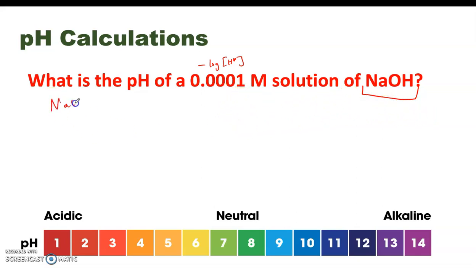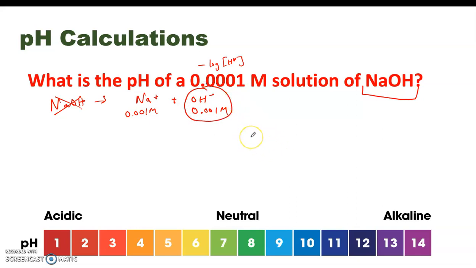So now NaOH, when it breaks up into Na plus and OH minus ions. Now remember, this is a strong base, so that means none of it is left. That means all of it turns into Na pluses and OH minuses. So now I know my concentration of OH minuses.